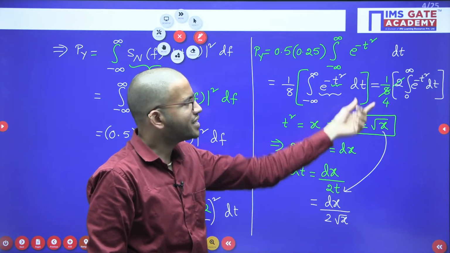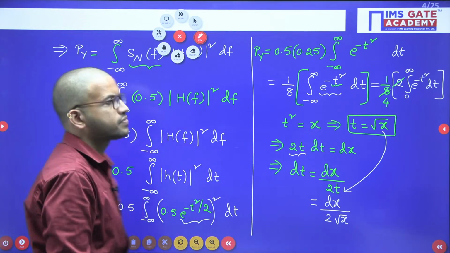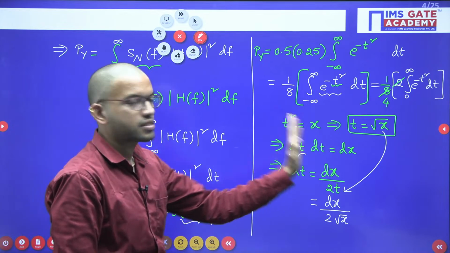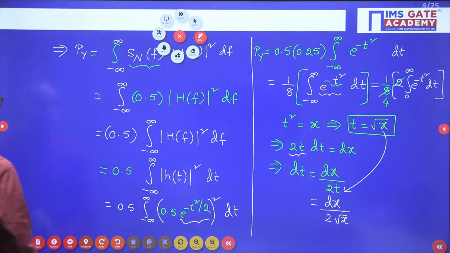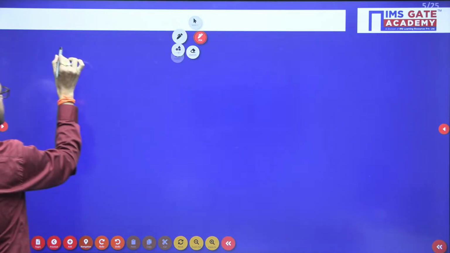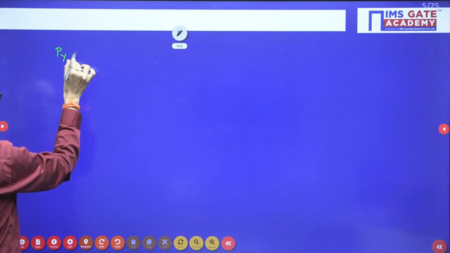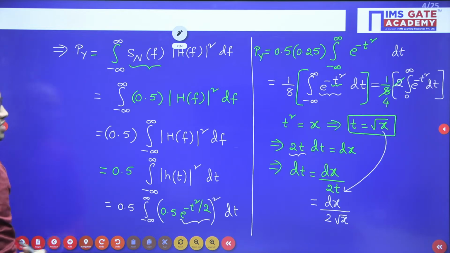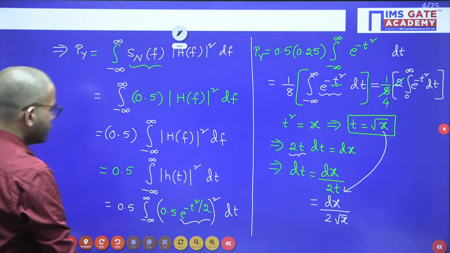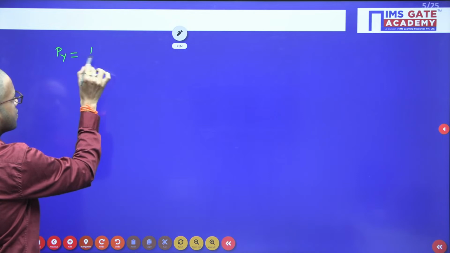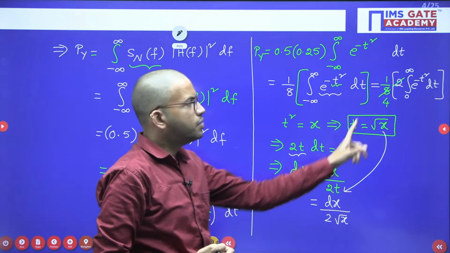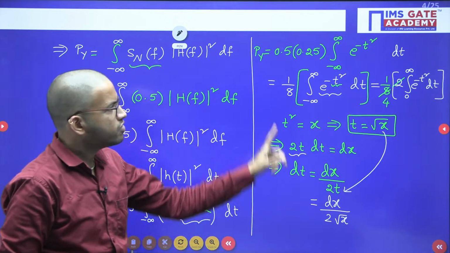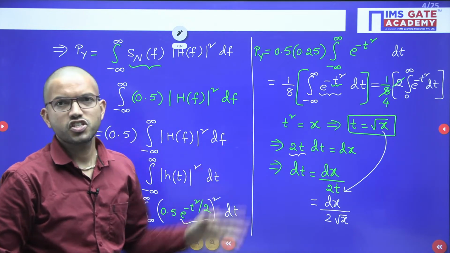Now can you guess what limits you are going to get with respect to x? So here pi is equal to 1 by 4 integral. Will the limits be 0 to infinity only, or will they change?